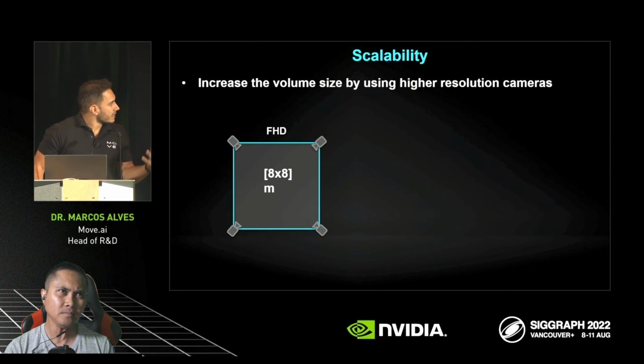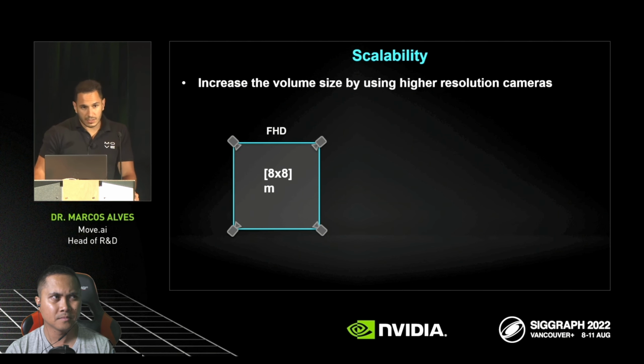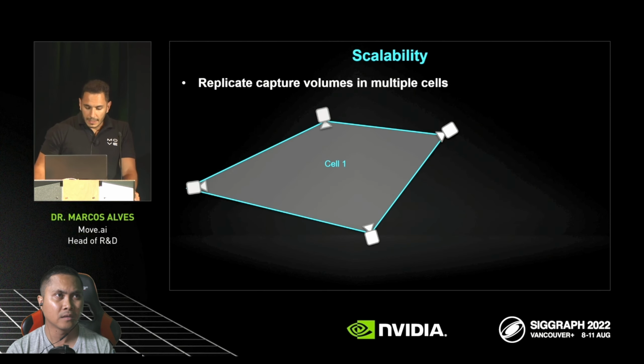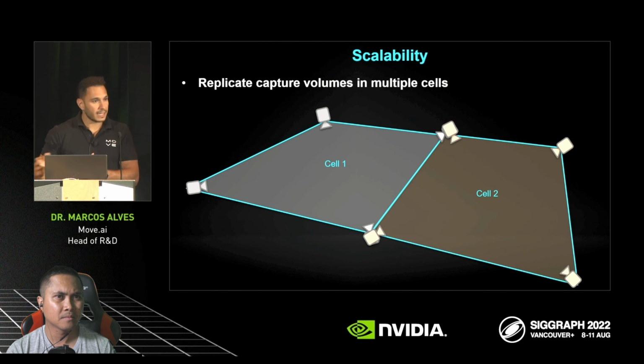So in terms of scaling this, of course, the obvious solution here is to use higher resolution cameras. That just increases the pixel density so we can capture larger volumes. For example, with full HD and 4 cameras, we can capture a person in about an 8 by 8 meter volume, or if you go to 4K, you can extend that to 30 by 30 meters. Another way to do this is to start using individual cell units, where you are using a fixed number of cameras to capture each cell, and then you can replicate this cell until you have essentially the volume that you want to capture.